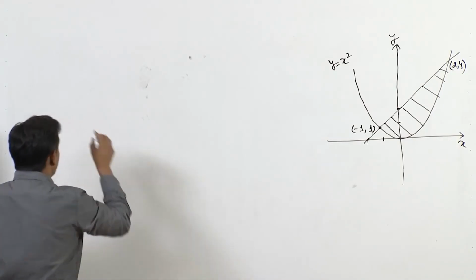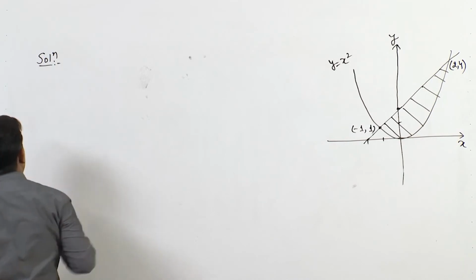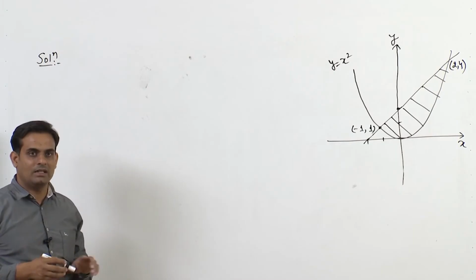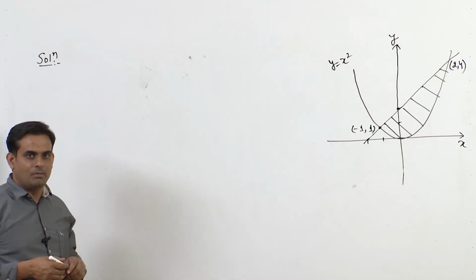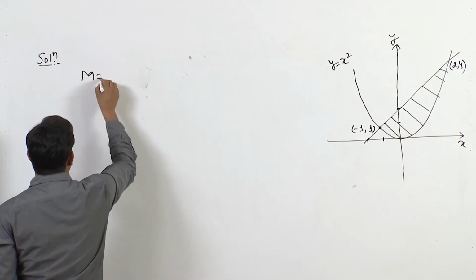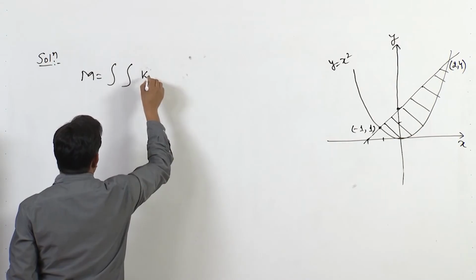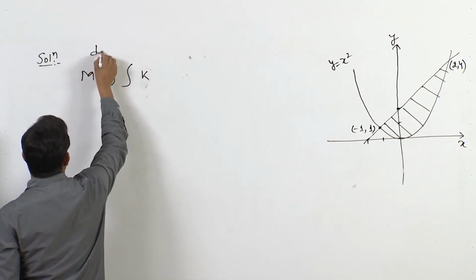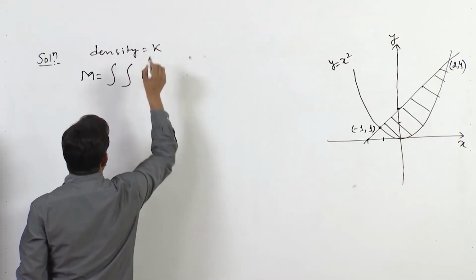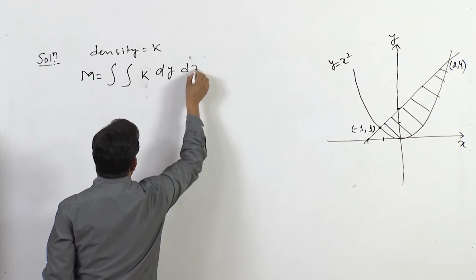So, first of all, for finding the coordinates of the center of gravity, we need to calculate mass. So, mass m will become k, let us say density is k, which is a constant, dy dx.